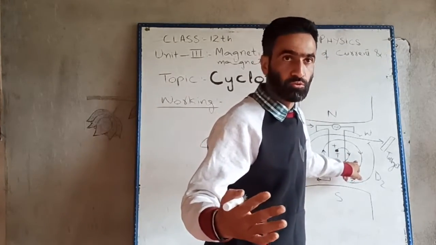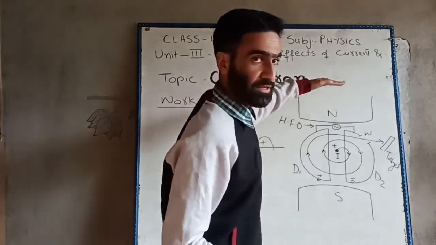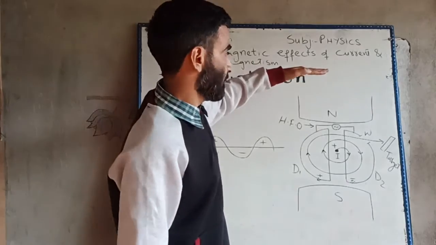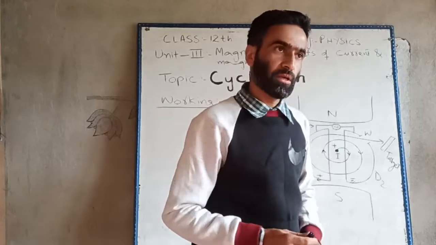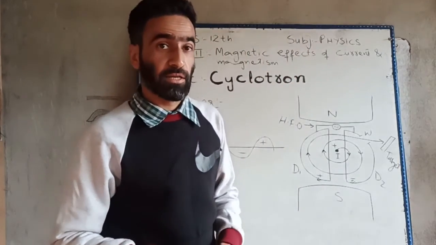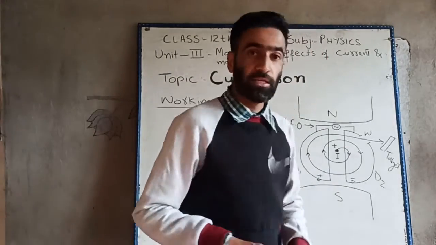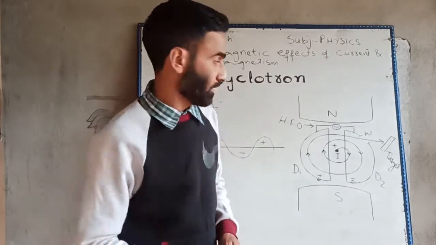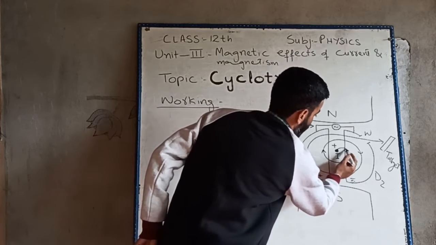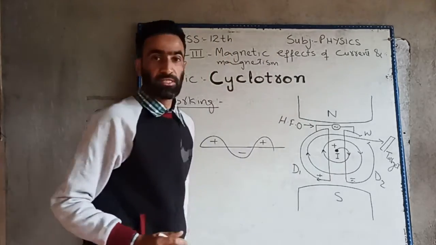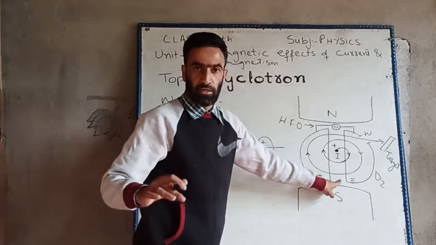The magnetic field is normal, meaning at 90 degrees to the plane of the Ds, and when there is a normal magnetic field, the charged particle follows a circular path. So when it is attracted by D2, it enters and follows a semicircular path for the first half of the input AC.